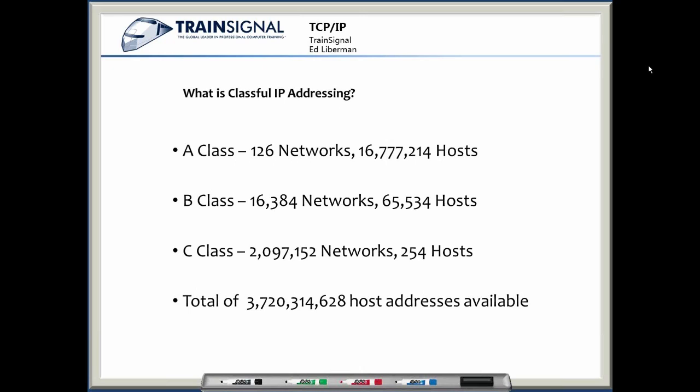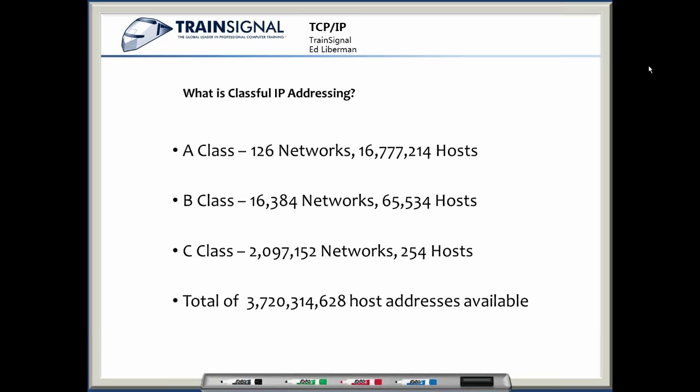But because we had 3 octets that we could use for our host ID, that meant you could have 16,777,214 hosts on one of those Class A networks. Remember how I said the 127 range is reserved for diagnostics, anything that starts with 127? And I said that's wasting almost 17 million IP addresses. Well, that's where this number came from.